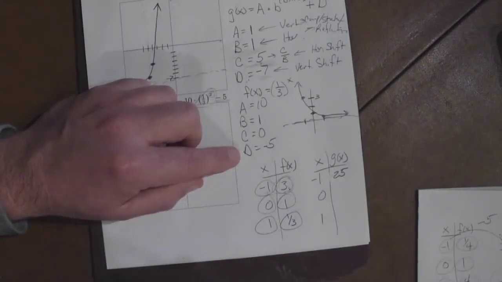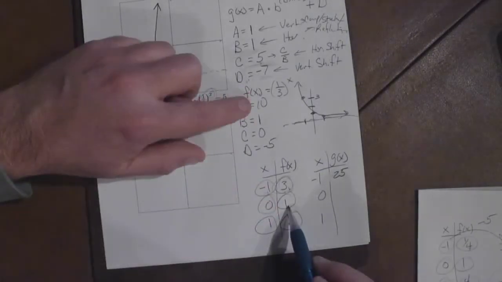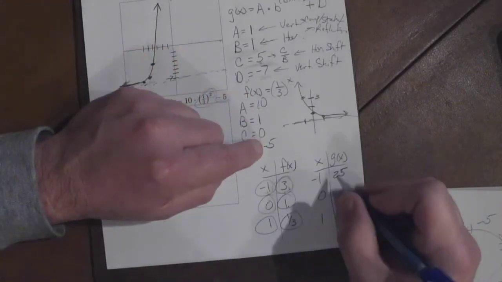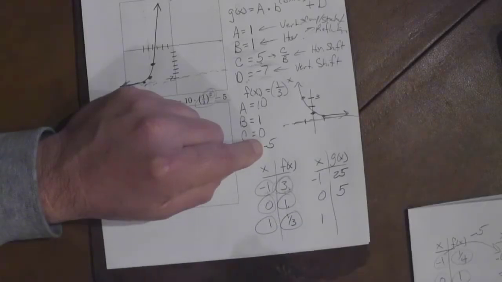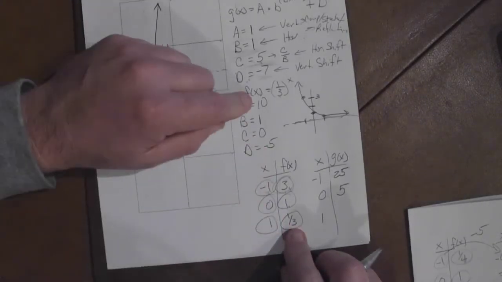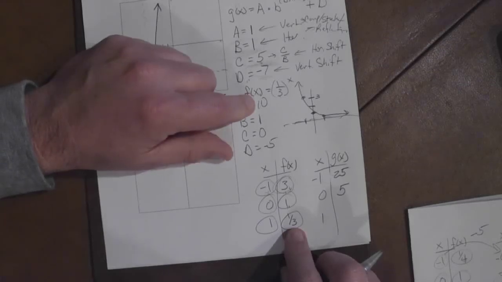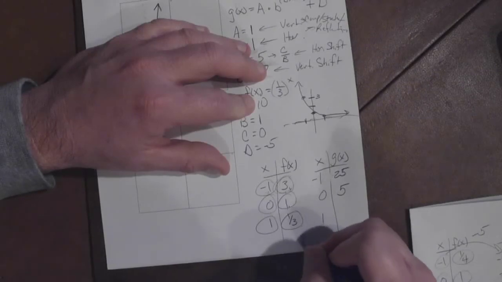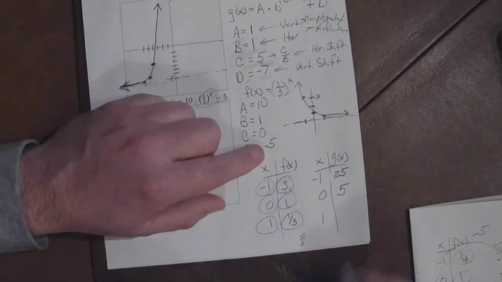That's positive 25. It's then this one is times by 10. That's 10. And we subtract 5 from that, and we get 5 in value. Right? And then 1/3 we'd multiply by 10. That is 10/3. Right? I have to keep track of that. That would be 10/3 minus 5.